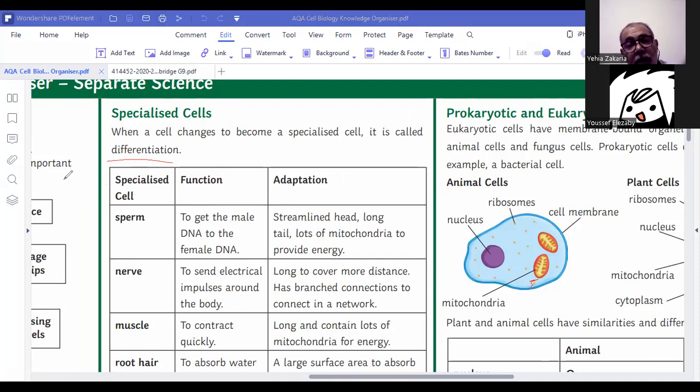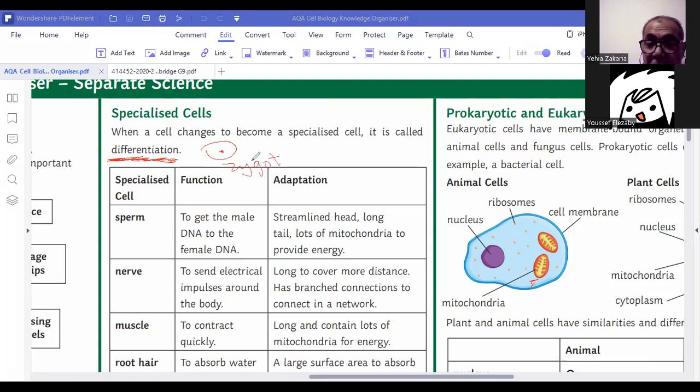When you were in your first days in your mother's uterus, what was your structure? One cell, which is called a zygote.